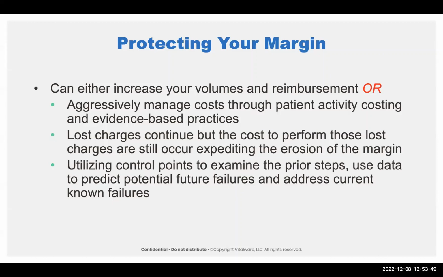For example, we see all the time in our line of work a single chamber pacemaker has been charged and the procedure itself is a dual chamber. Why is a single chamber charged? Because the supply chain put the wrong code on it, the wrong HCPCS code. So there are simple things where you can use data to detect these aberrancies and correct them.